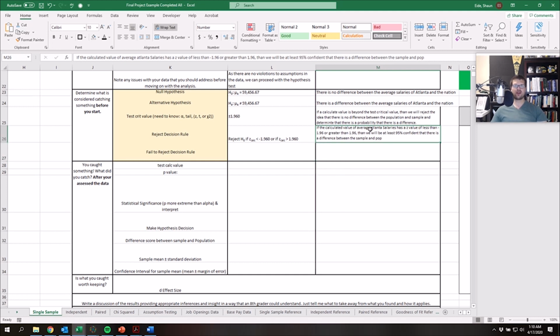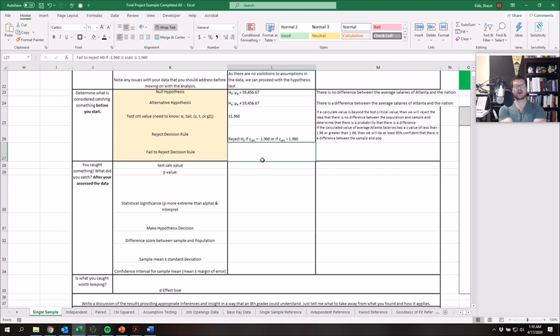You can say if the calculated value of the average Atlanta salaries has a z-value, like I just said, of less than negative 1.96 or greater than 1.96, then we will be at least 95% confident that there is a difference between the sample and the population. Why are we 95% confident? Because the alpha is 0.05.